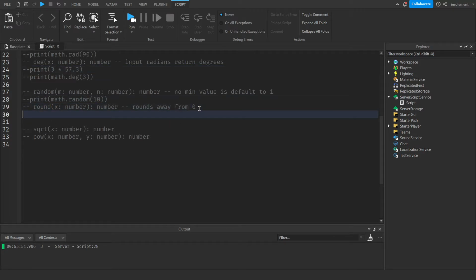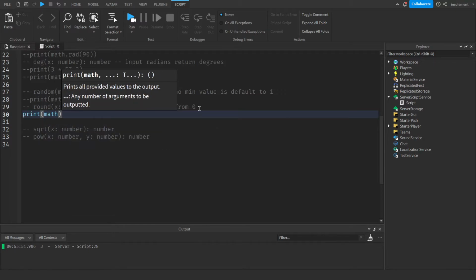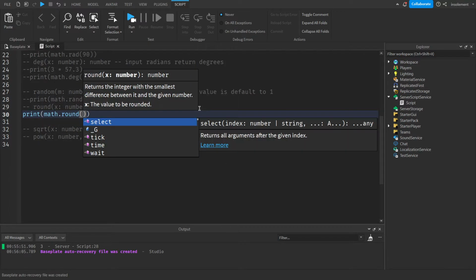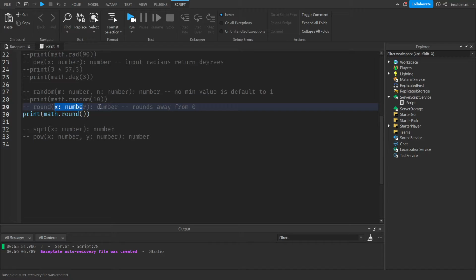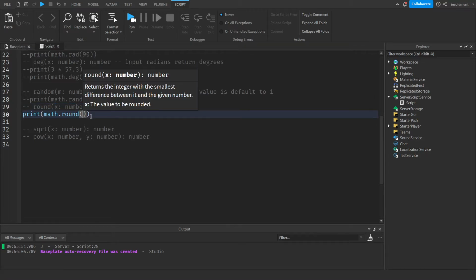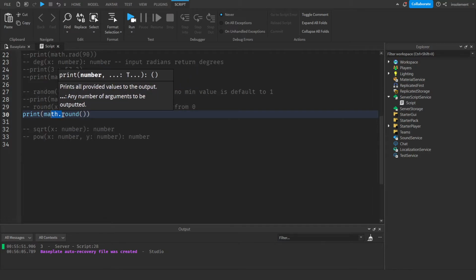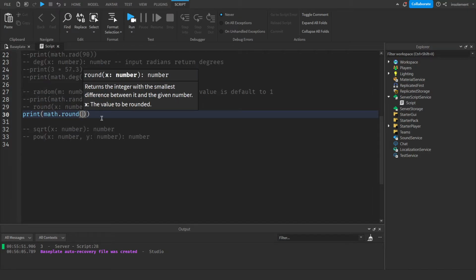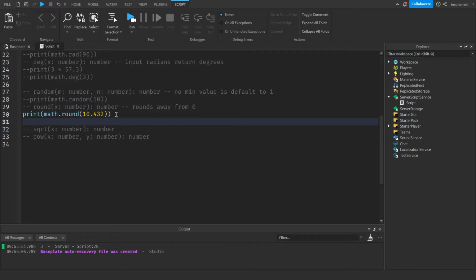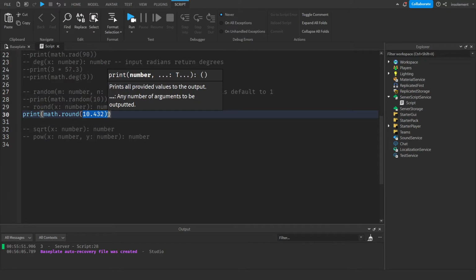So our next function is math.round. Round takes a number, returns us a number, and it rounds away from 0. So this is where the normal rounding is. This is where you look at decimal points. So let's do 10.4, and this would round to 10, right?